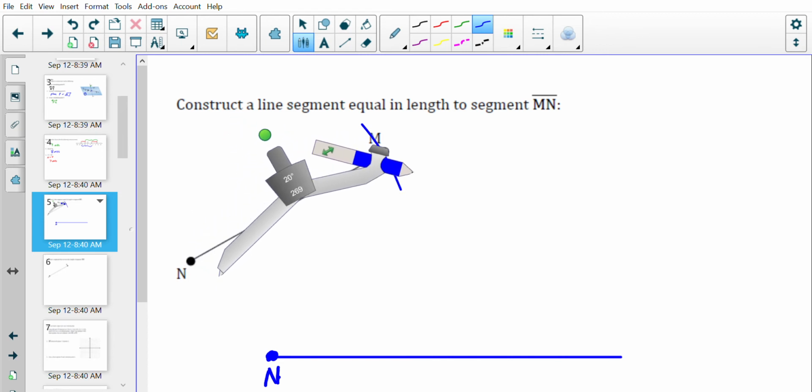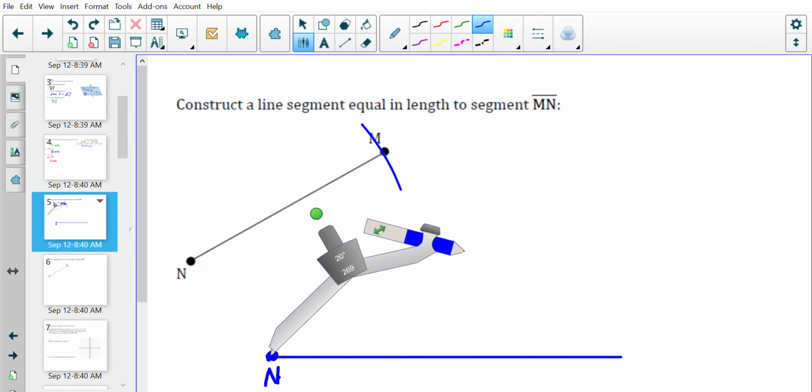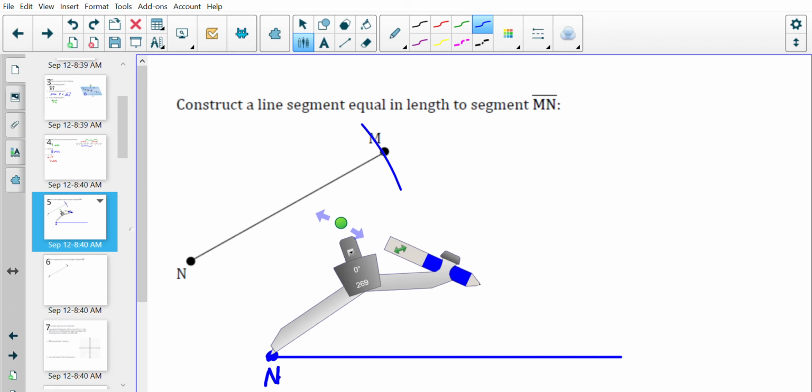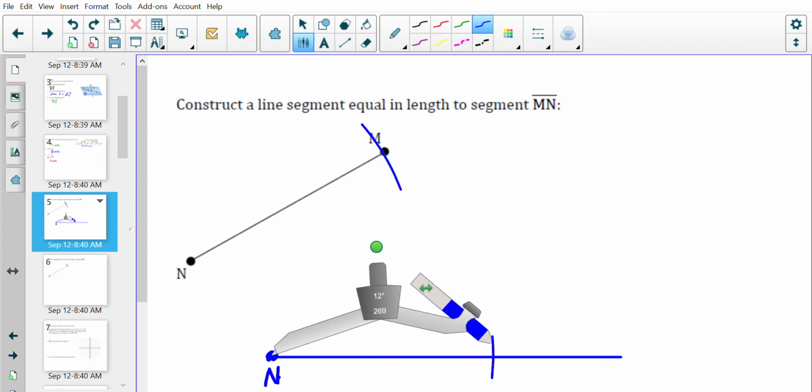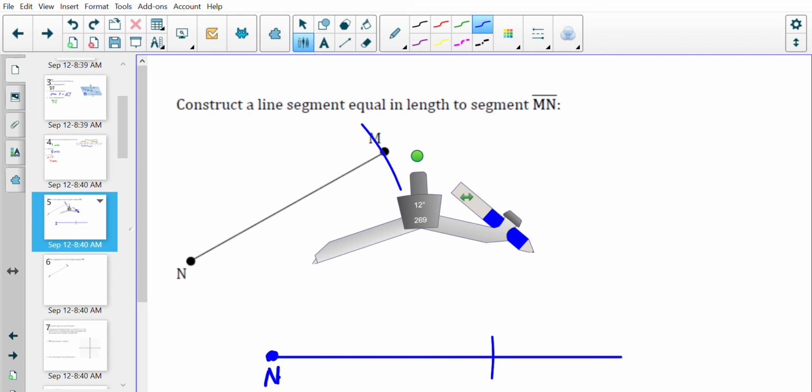And I'm just going to leave it open like this, and drag the compass down so that my non-pencil side is on one endpoint, and rotate the compass so that I can mark through the line. Now where that little mark is, that's where point M is going to be. So I have now constructed a line segment equal in length to our original MN. So from N to M here that I just made is going to be the same as the N to M there.